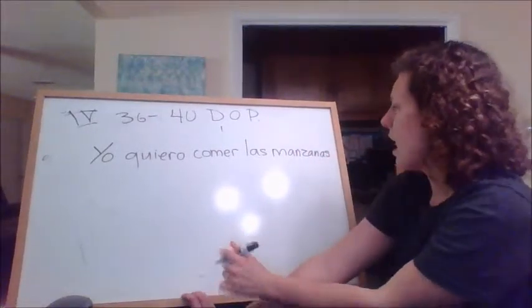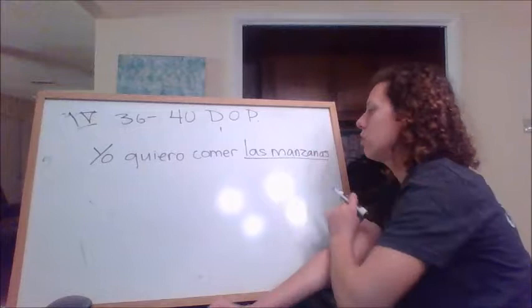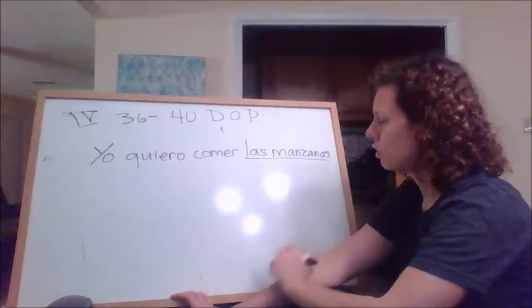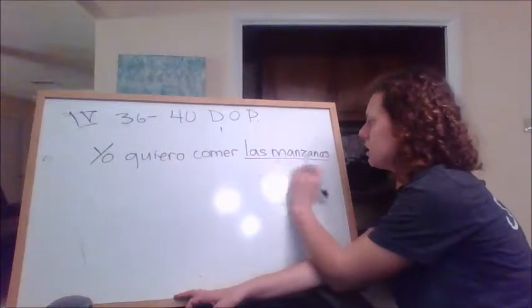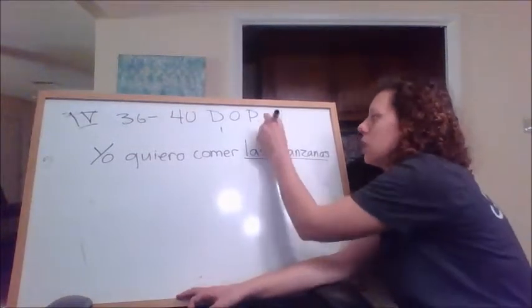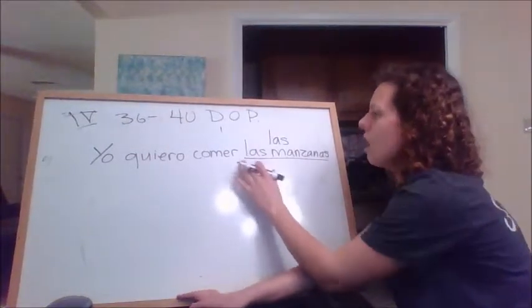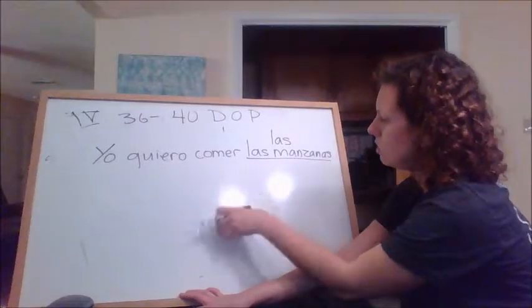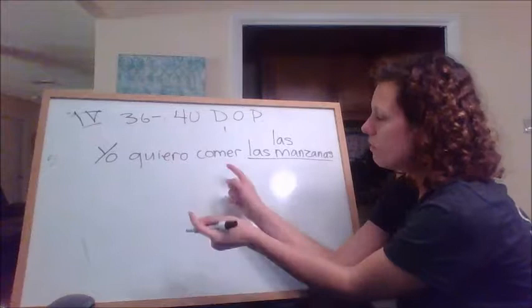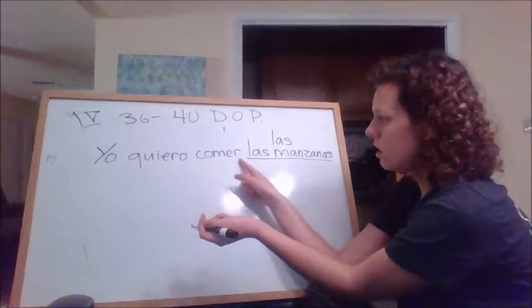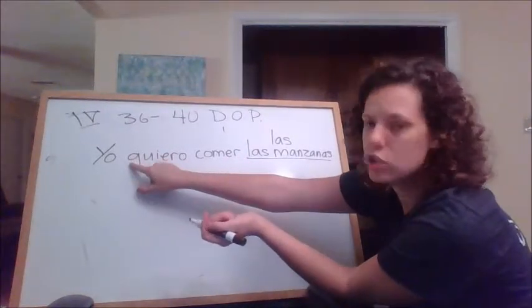I want to eat the apples, where the apples are the direct object. I want to replace it with a pronoun. Las manzanas is plural and feminine, so it's got to be las. Like saying, I want to eat them, and los and las mean them when they're direct object pronouns. But here I've got an option because now I've got an infinitive and I have a conjugated verb.